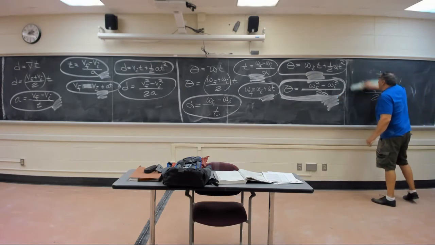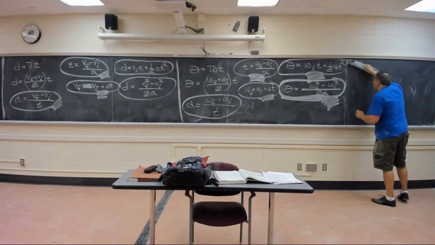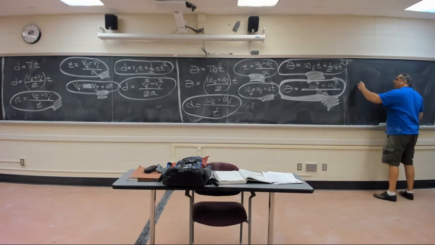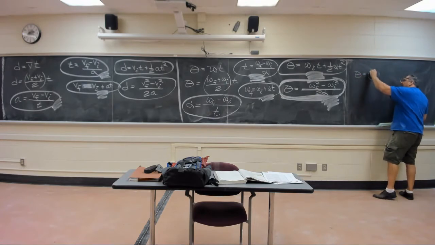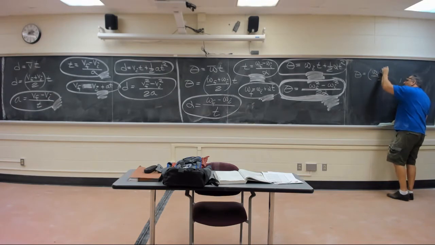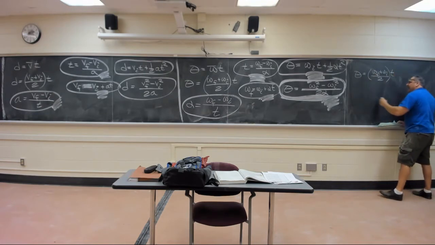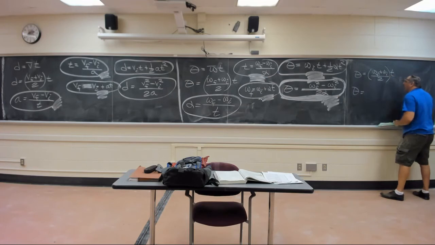The other way you could have done it is this, saying, okay, hold on, Bayless. We're saying omega f plus omega i over 2 times t. Yeah, we've been saying that a lot in one way or another. Tell you what I'm going to do.